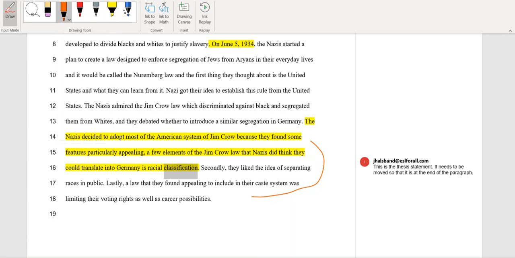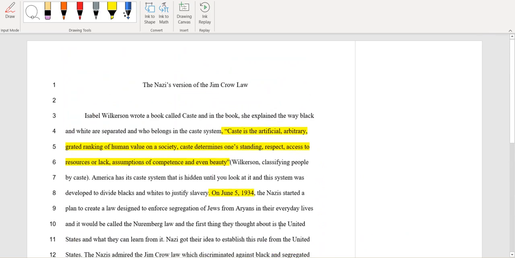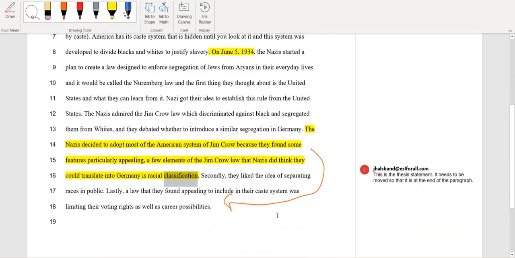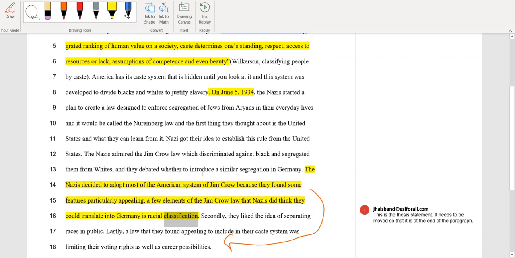And I can draw to put it down here like that. Okay. So that's something that you can do if you're using a touch screen with Microsoft Office or Microsoft Word. Okay, so I've identified my 3 areas that I think are strong.